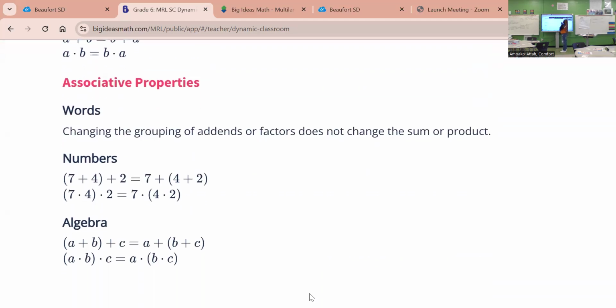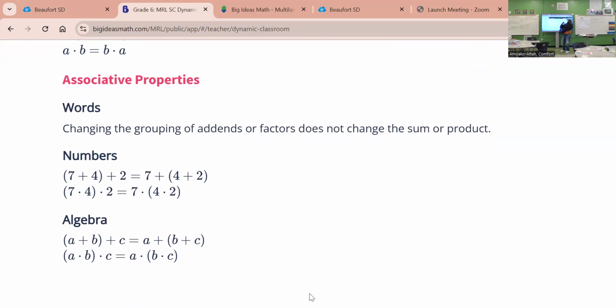Then we come to the associative property. It deals with the groupings. So changing the grouping of addends or factors does not change the sum or the product. Grouping the numbers. So regrouping them should give you basically the same answer.